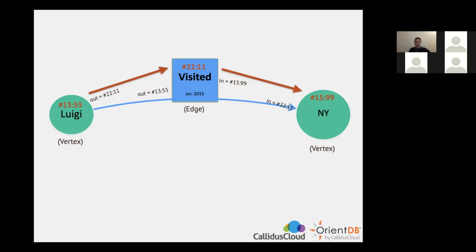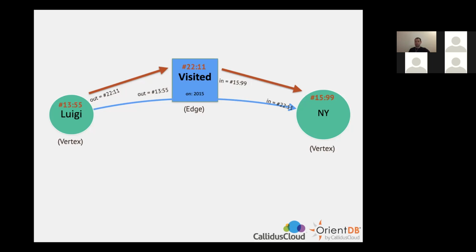The first one points back to Luigi, and the second one, the in attribute, is another record ID that points to another vertex. In this case, it's New York, that has another record ID. Now, traversing this data structure is just a matter of reading the record ID and doing a single memory access. So it's really very, very efficient.